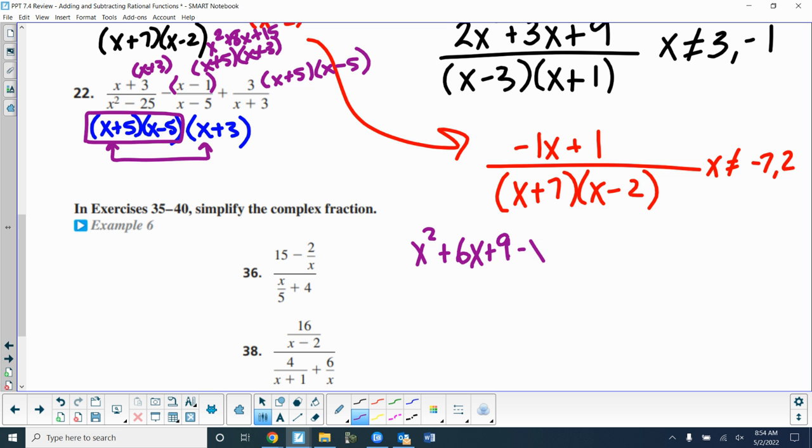Can't figure this out, man. Yeah, you can. What's x times 8x squared? I'm sorry, 8x. X times 8x. 8x squared. What's that negative do to the 8x squared?